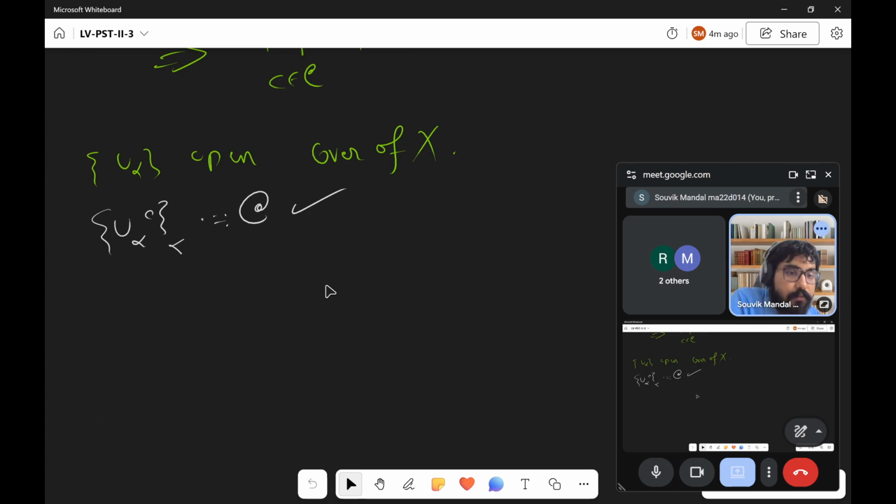So now consider the intersection of the U alpha complements. First of all, this is empty. Is it correct?